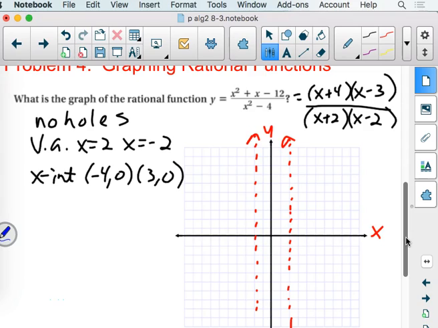You might want to grab a different color out of the bag if you don't have a different colored pen. Try to have your asymptotes and your graph in two different colors so it'll pop out at you. Now those x-intercepts are actual points on the graph.